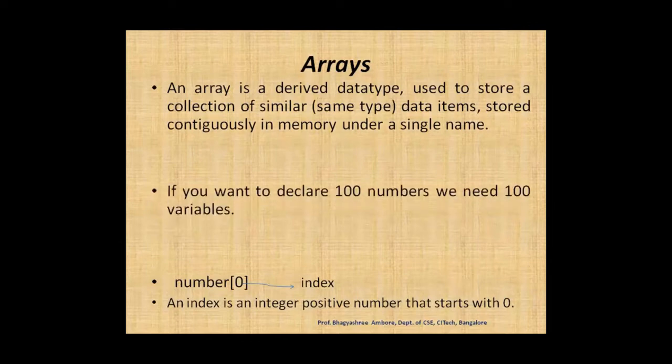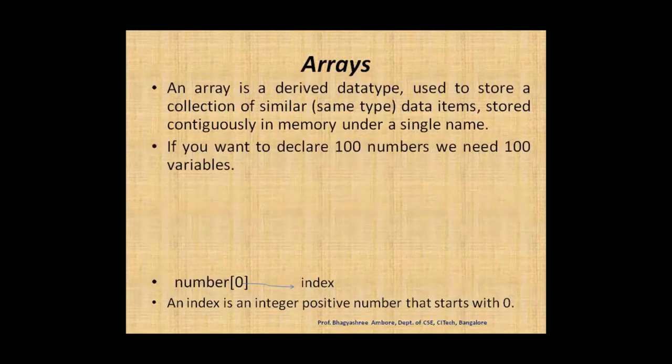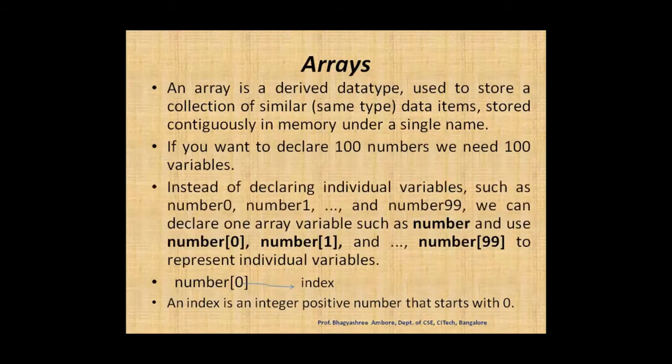What is the exact meaning of it? For example, if I want to declare 100 numbers, then I need 100 variables. So how will I declare them? I can declare number0, number1, number2, number3, number4, up to number99. But instead of doing this, I have the concept of creating a single array variable, number.